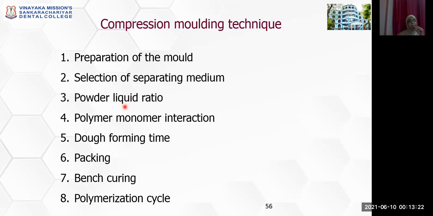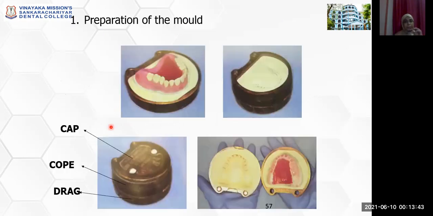A proper powder liquid ratio has to be used so that the polymer and the monomer mix with each other, and you form a dough, pack it inside, bench cure it, and then go for polymerization. Then you bench cool it, deflask it, trim it, polish it, and insert it in the patient.